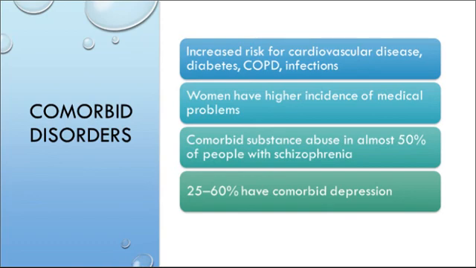Antipsychotics also increase the risk for diabetes, increase their hyperlipidemia, lipid levels, and that contributes to the glucose, so it's a vicious cycle. 50% of people with schizophrenia have a dual diagnosis of substance abuse disorder.